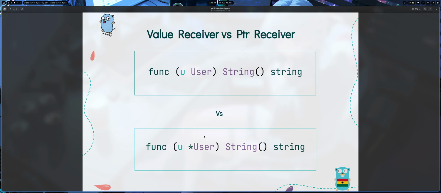And you use a pointer receiver when you know you're going to make a modification to the object, or there is going to be much of an overhead when you copy, right? So that's basically the difference.